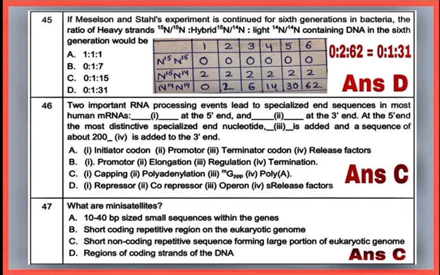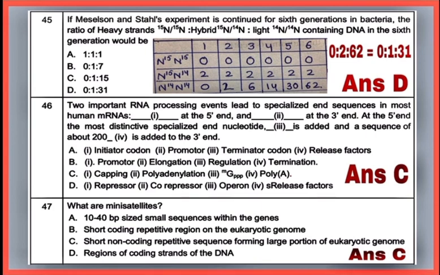In fourth generation, it is 6 multiplied by 2 plus 2, which comes out to be 14. In fifth generation, 14 multiplied by 2 plus 2, which is equal to 30. And in sixth generation, it is 30 multiplied by 2 plus 2, which is equal to 62. So, the ratio will be 0 to 2 to 62, which is equal to 0 to 1 to 31.